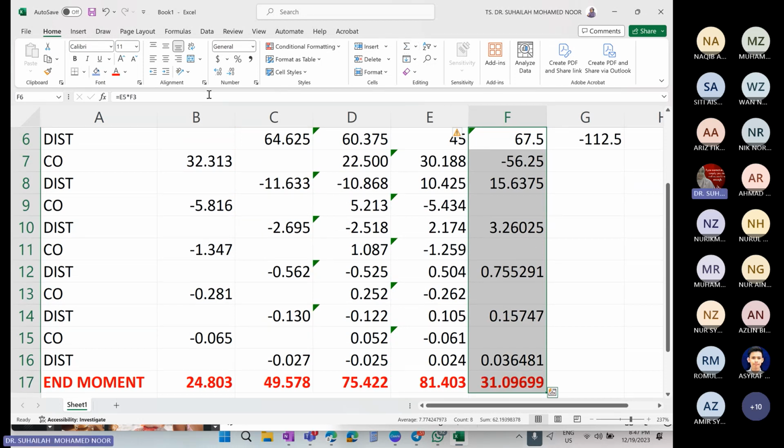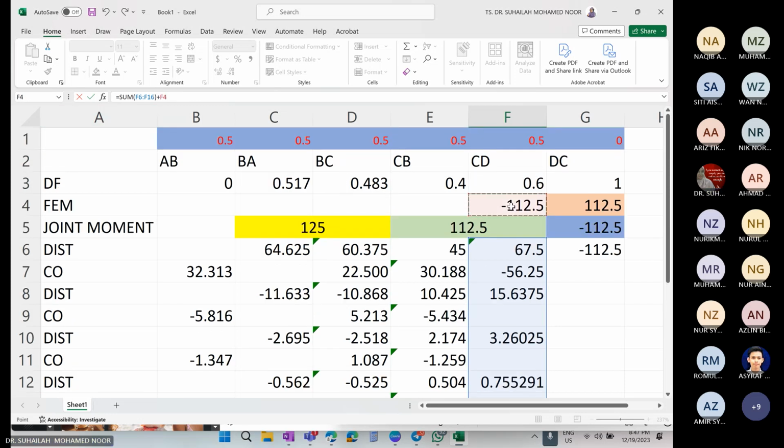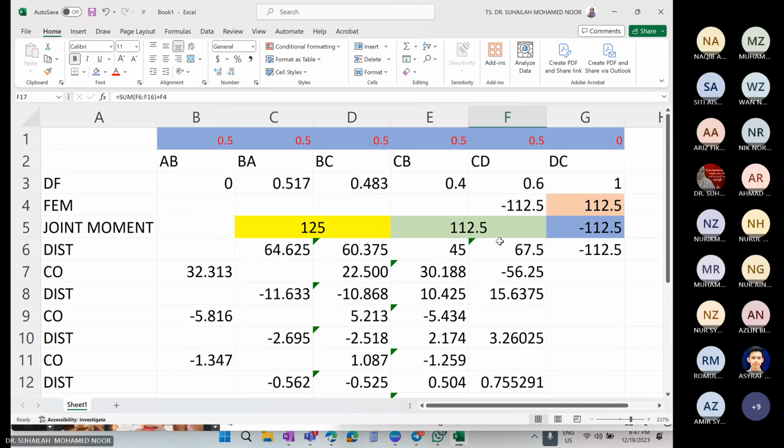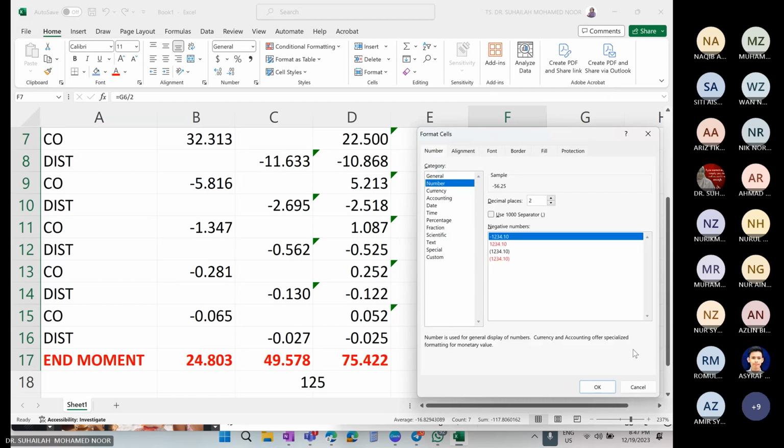And don't forget, we have to add this answer, the other one here. See, we get the same value, opposite sign, because MC at pin is equal to 0. Okay, 3 decimal places.